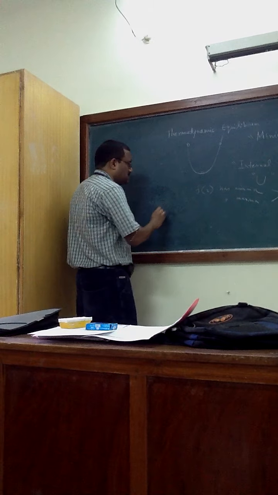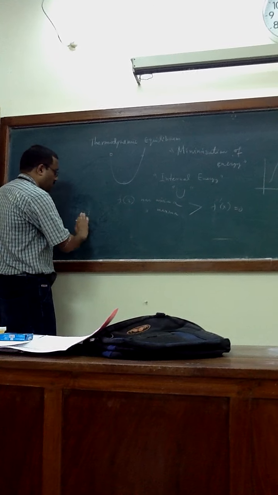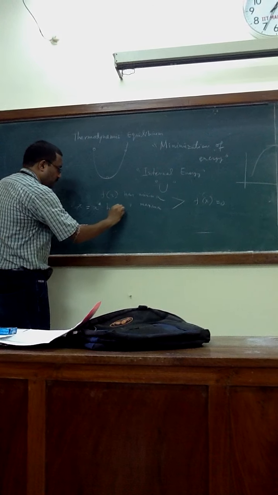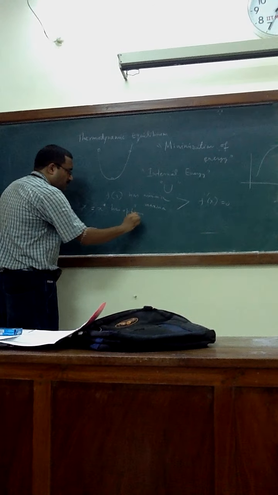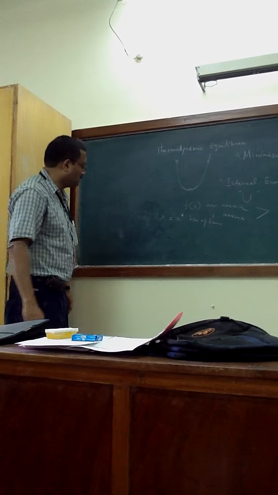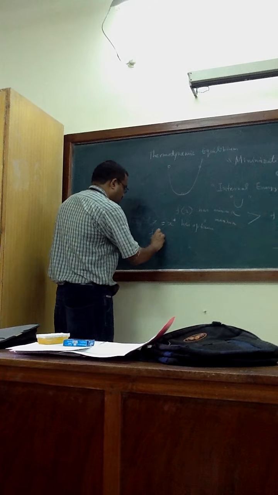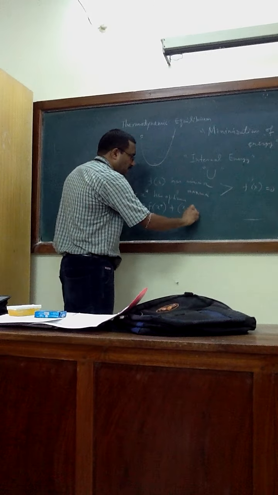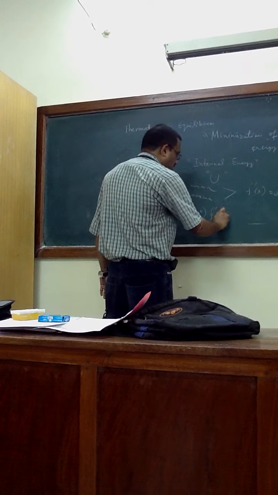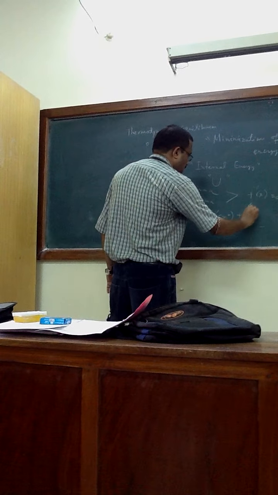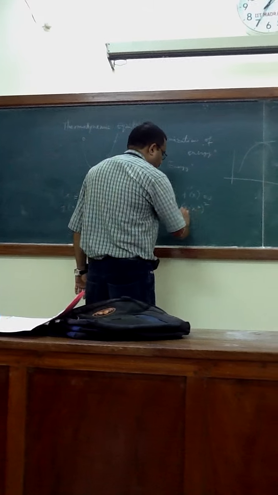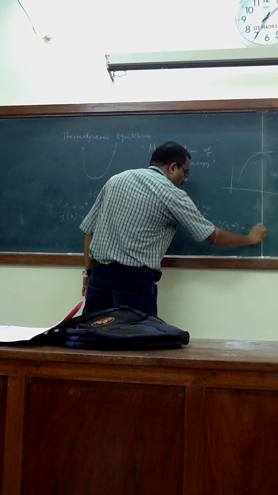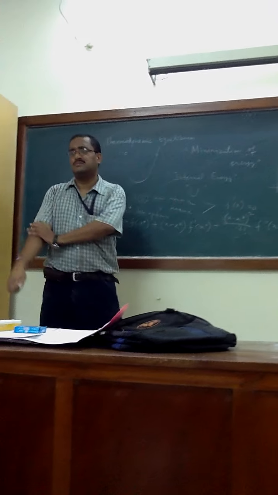If I say x equals x star as the optimum, where optimum denotes minimum or maximum, whatever you want, then we can write the Taylor series: f(x) equals f(x*) plus (x minus x*) f'(x*) plus (x minus x*) whole square by 2 factorial f''(x*) and higher order terms.